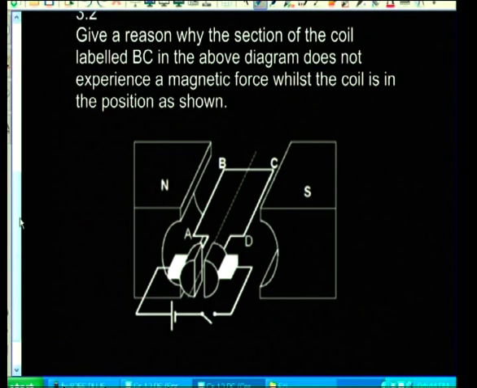This is actually the simplest reason because this is the direction that your magnetic field's going in, okay? Goes this way. Looking at this nice mathematical principle, BC is parallel to the magnetic field. Simple as that. BC is lying parallel to the magnetic field.